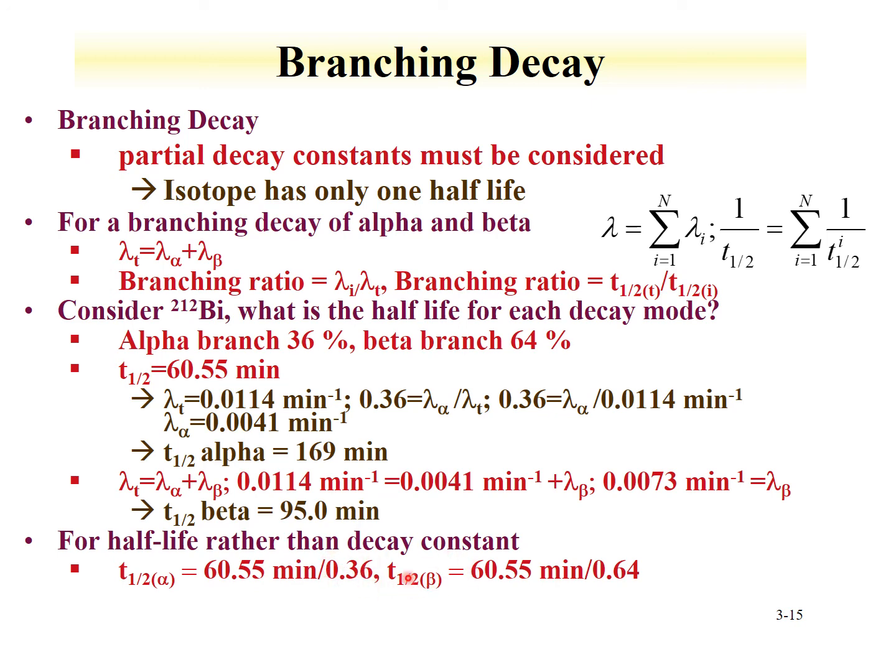Same thing for the beta: total half-life divided by the branching ratio. So in this way, if you're given a total half-life and a partial decay constant or partial half-life, you can calculate the branching ratio, or you can calculate the decay constants and the half-lives from the branching ratio.